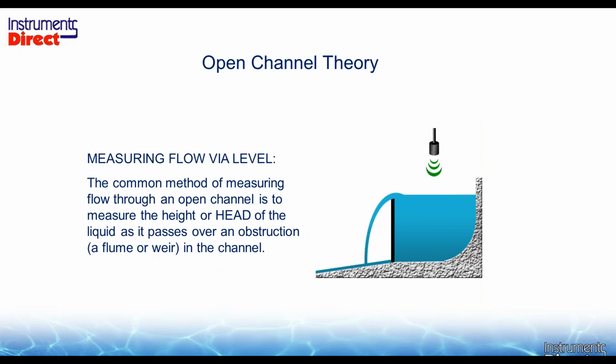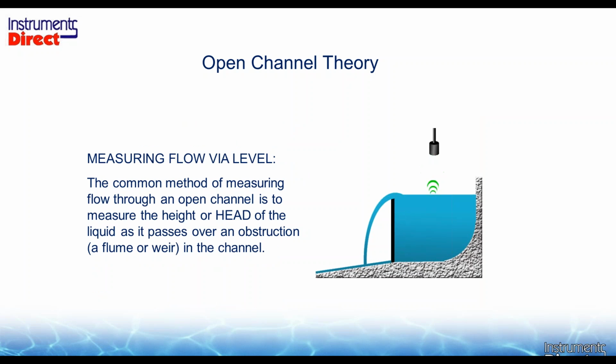So the next step after we do that, we need to put some math into it. In this case, as we just said before, if we had a flume, or in this case a weir box with, say, a 90-degree V-notch cut in the front of the weir box, by monitoring the level in that weir box with your tape measure ruler, you know basically what the flow rate is on that particular application.